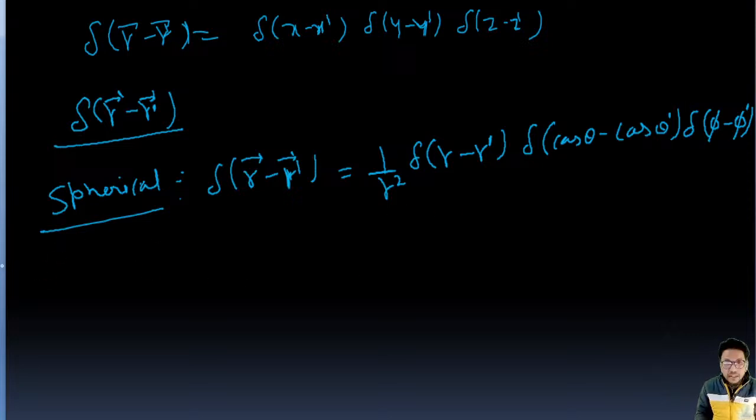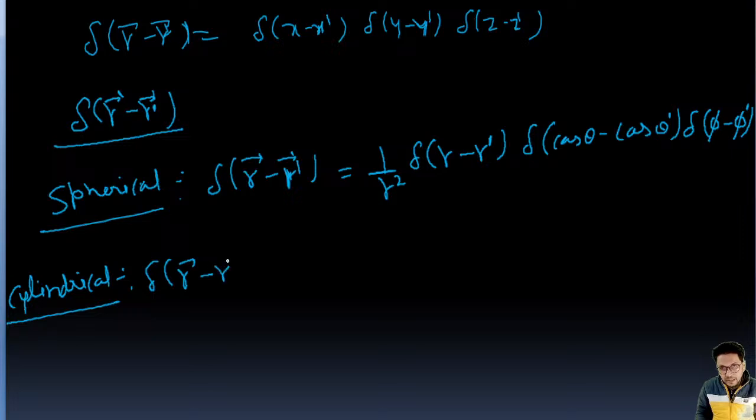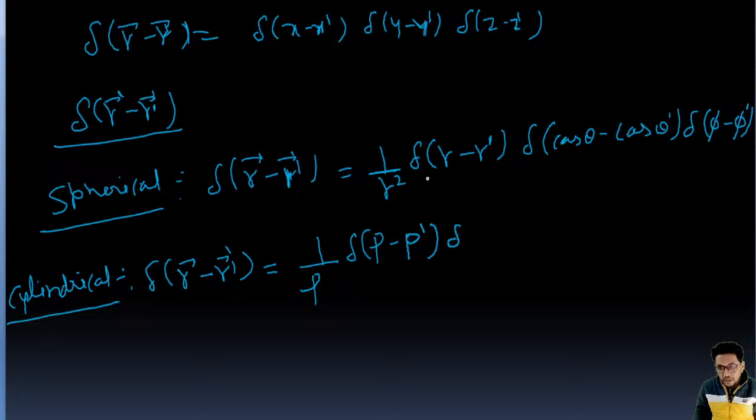And in the cylindrical coordinate system, we can write delta of vector r minus vector r dash as 1 upon rho, delta(rho minus rho dash), delta(phi minus phi dash), and delta(z minus z dash).